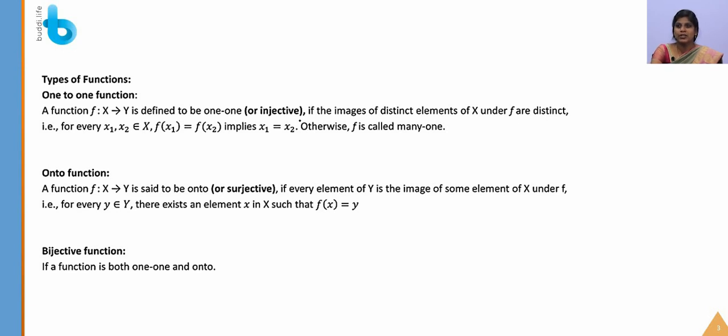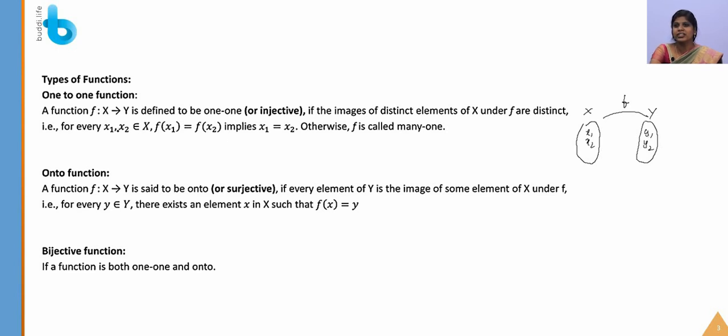One-to-one means that the function is from X to Y, and each element in X will have a unique image in Y. That is, no two elements in X will have the same image in Y.